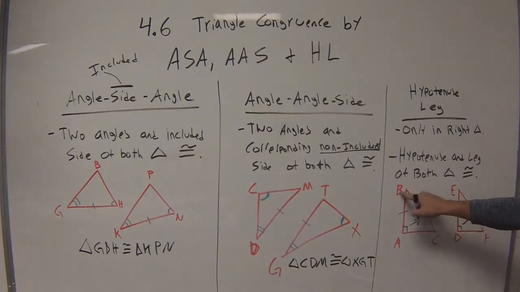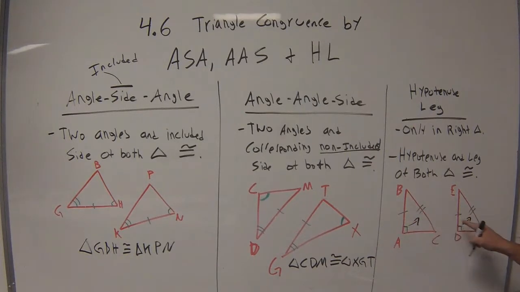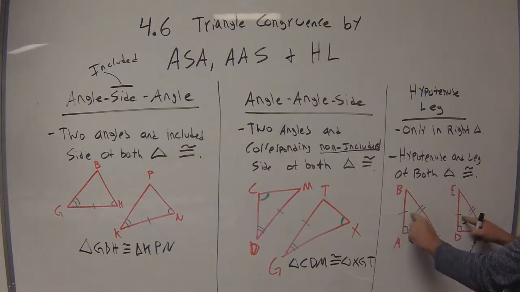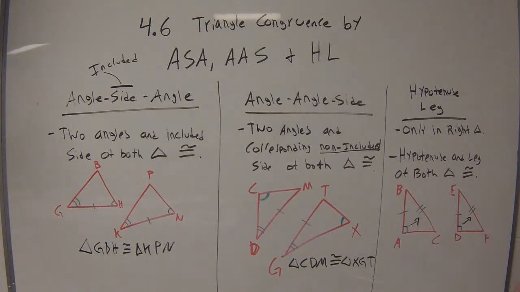So now let's look at the leg. Now I have AB has 1 notch, and then over here there's a leg that has 1 notch on it. So that means these 2 sides are going to be congruent as well. So since the hypotenuses are congruent, and there's a leg that is congruent to another leg, that means both of these triangles are going to be congruent to each other.